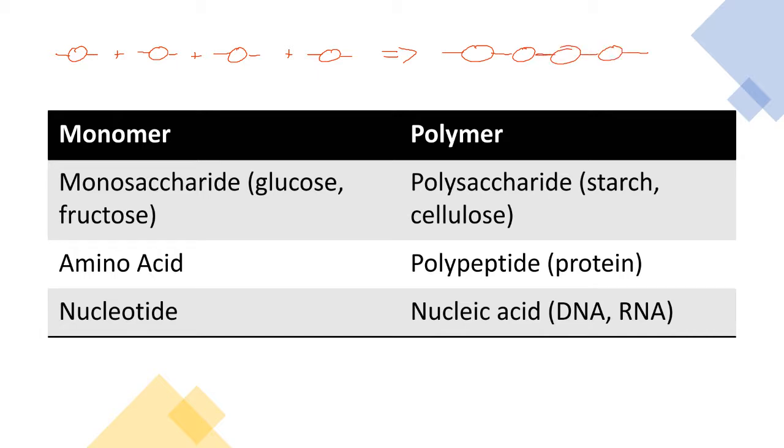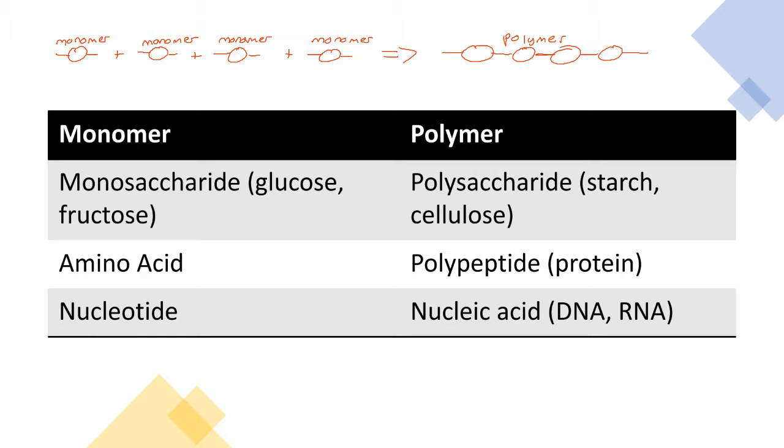Now let's pretend this is a monomer, and I'll put here monomer. They're all monomers. This is a chain, so this is a polymer. I'm going to do a different color here, green.